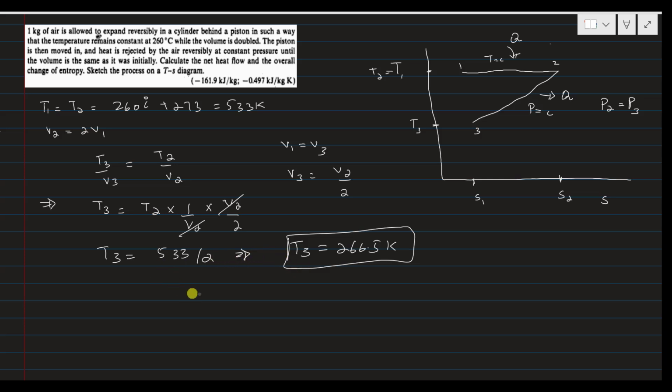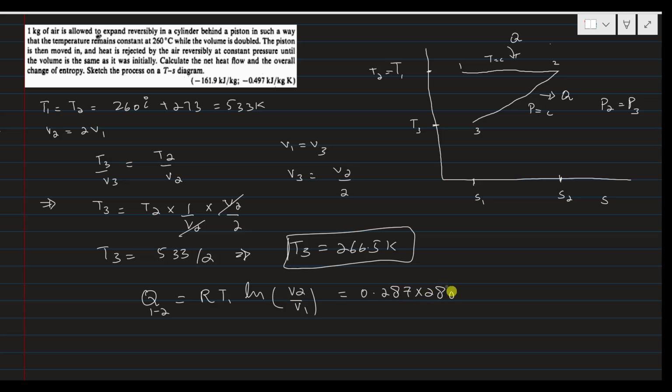Now next is the heat supplied during process 1 to 2. Q 1 to 2 is equal to R T1 ln V2 divided by V1. What is R? That is the constant 0.287. What is T1?